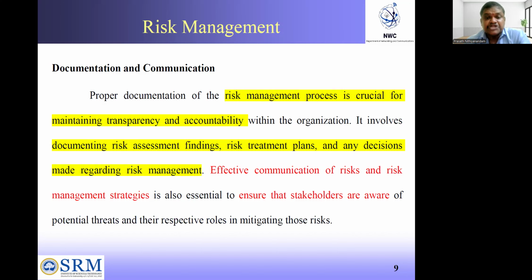Effective communication ensures that the stakeholders are aware of potential threats and their respective roles in mitigating those risks. As an example, a company maintains a risk register that is reviewed during the management meeting and shared with stakeholders.